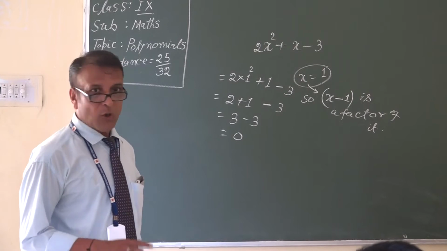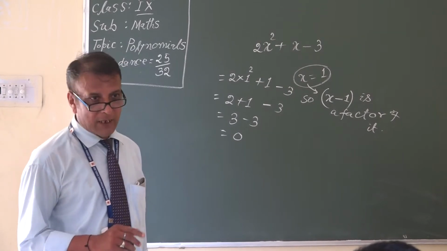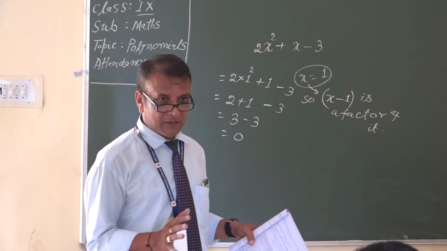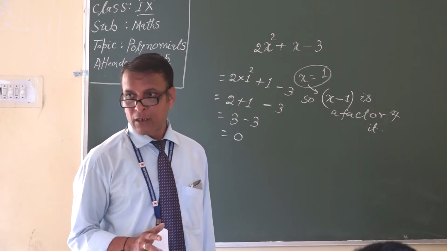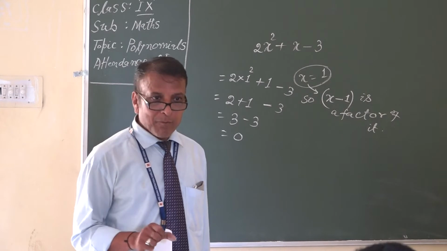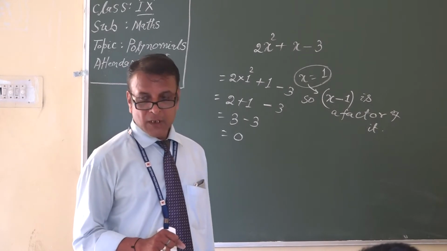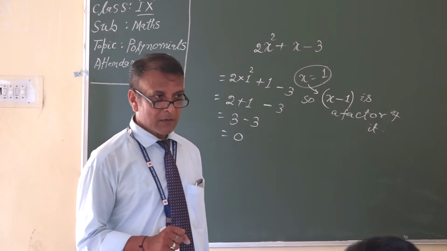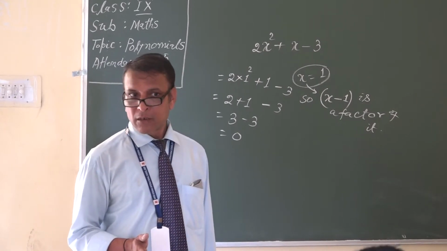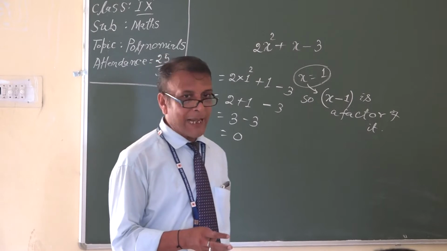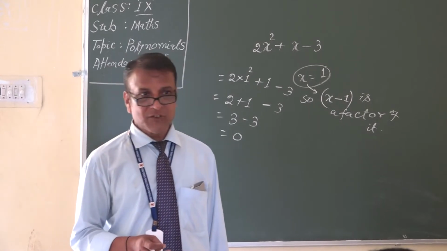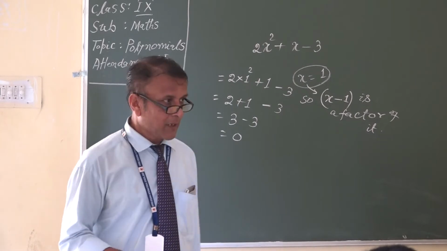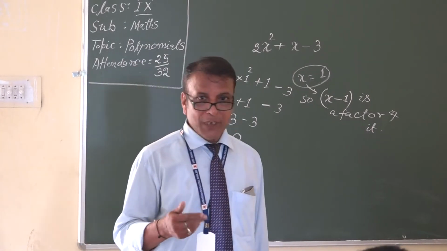There are so many ways to factorize polynomials. First, by grouping the terms given in the polynomial, we can find the factors. Another is by the middle term splitting method. Another is by using formulas like a square minus b square is equal to a plus b into a minus b. What is the formula for a plus b whole cube?